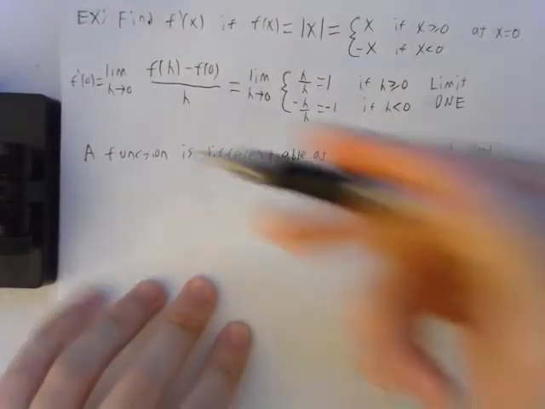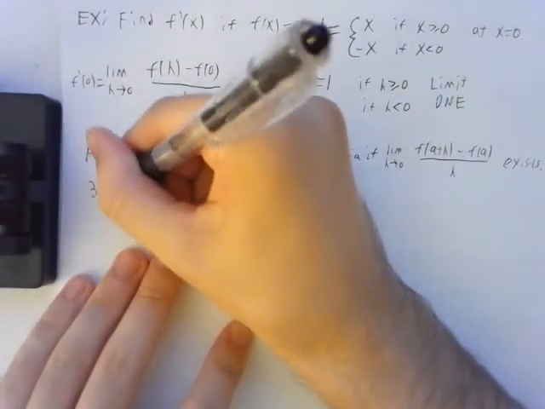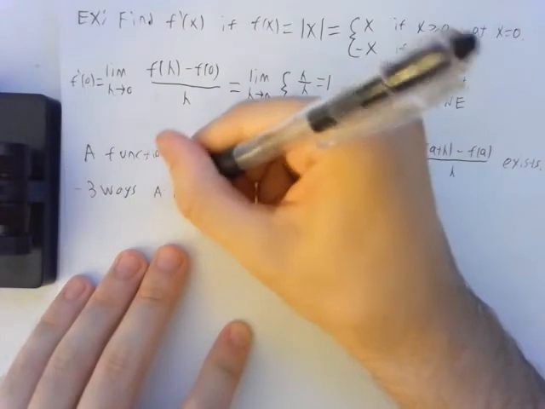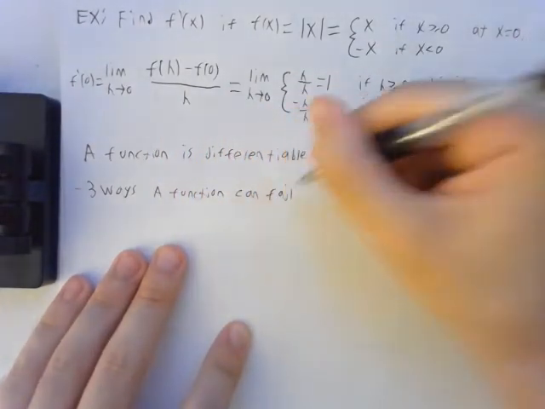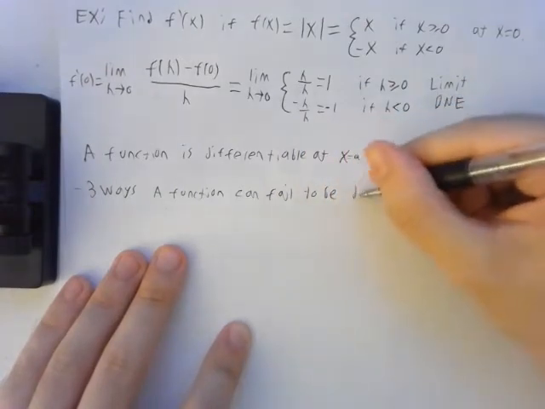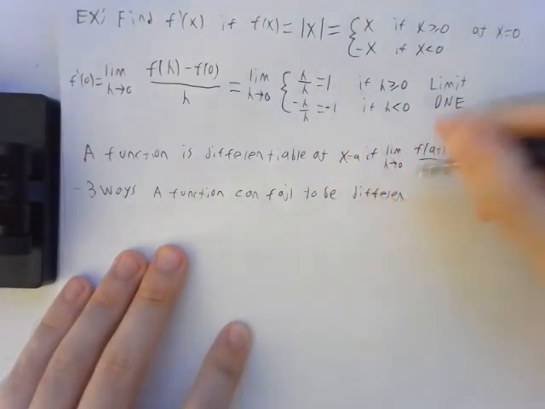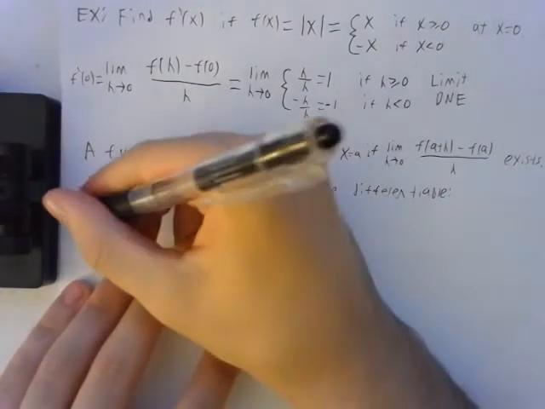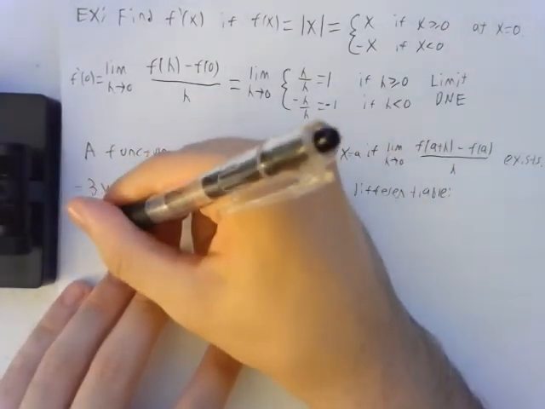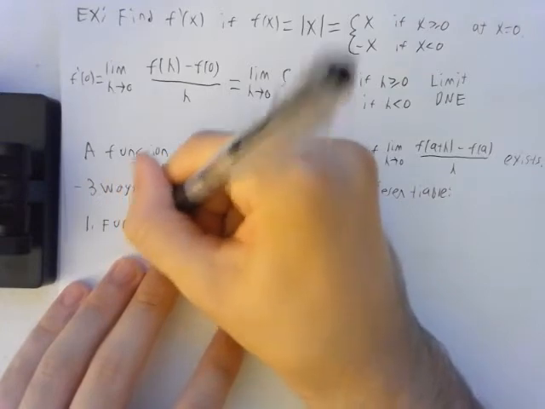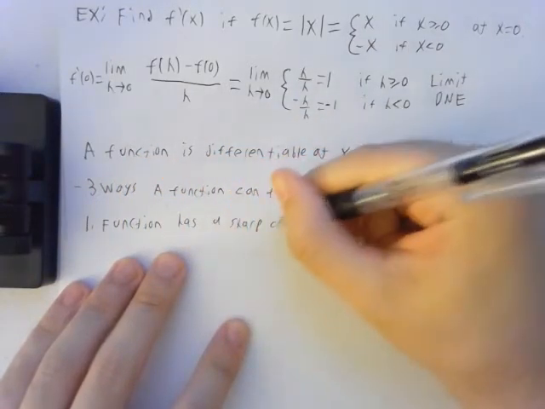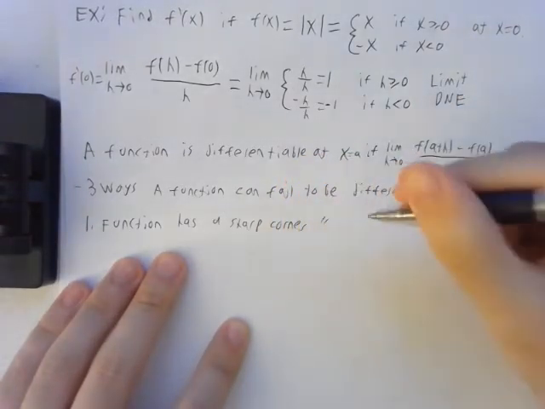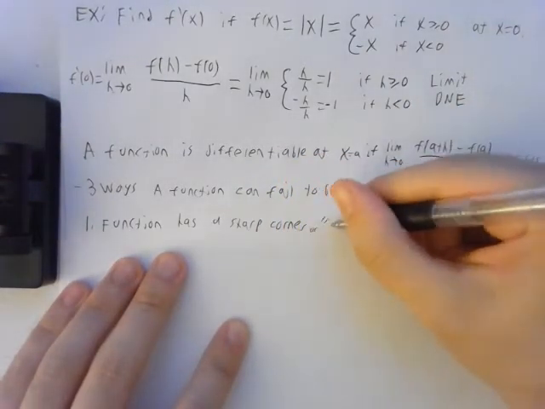So there are basically 3 ways a function can fail to be differentiable. So the first way is if the function has a sharp corner, or what's sometimes called a cusp.